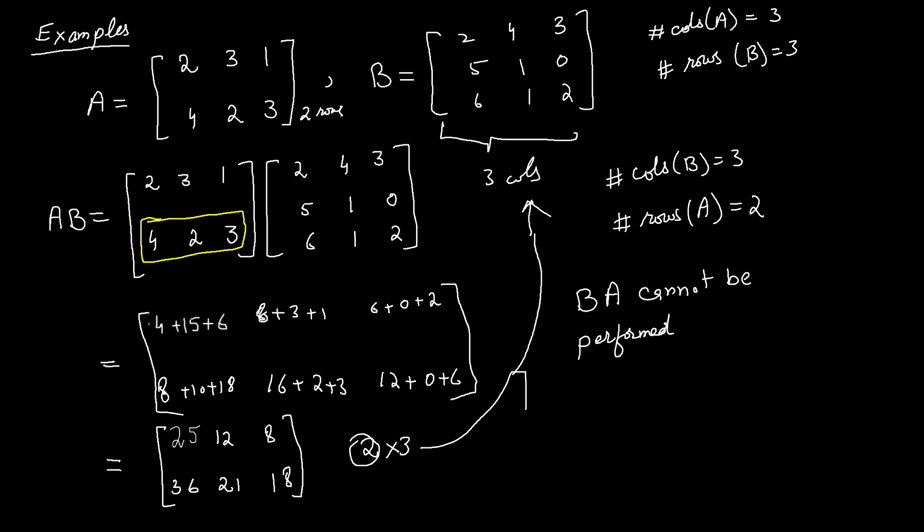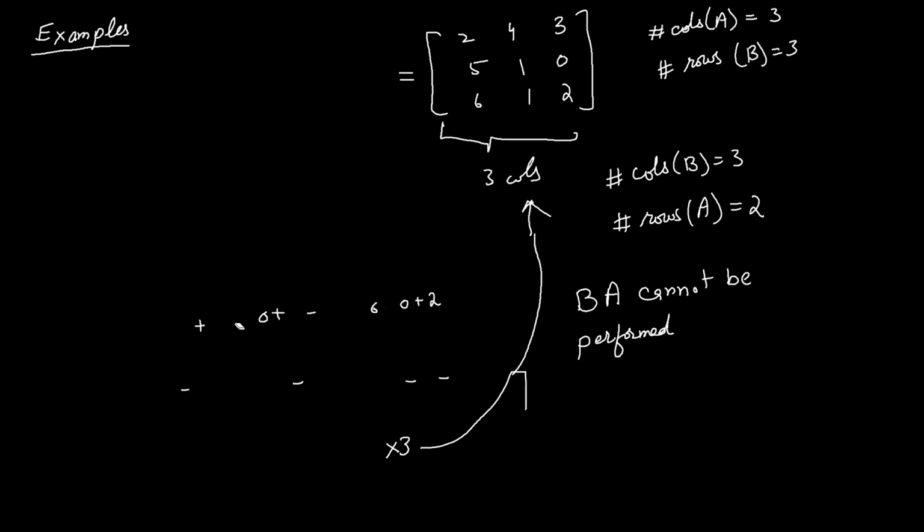We now look at when it is possible to perform both AB and BA. Suppose A and B are two matrices with respective orders of M1 cross N1 and M2 cross N2.